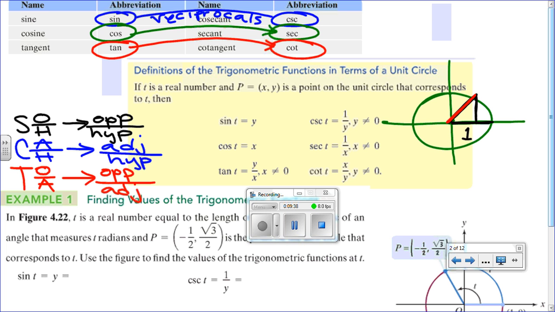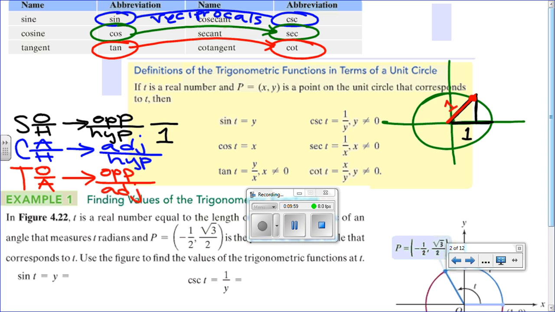If this is a unit circle, the red side should be equal to what? To 1, because it's a unit circle, it's the radius. So when we talk about the hypotenuse for triangles in the unit circle, the hypotenuse is just going to happen to be 1. All right?